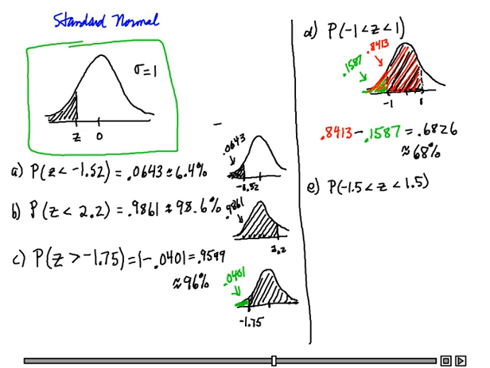For example, what's the probability in a mound-shaped distribution that a data value will be within 1.5 standard deviations of the mean? Well, to calculate that, I would do it in pretty much the same way.